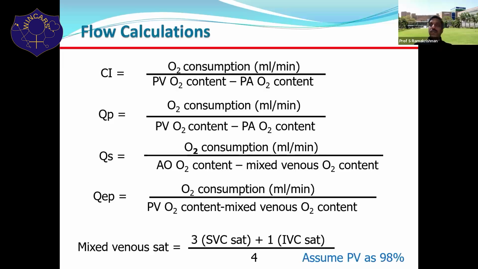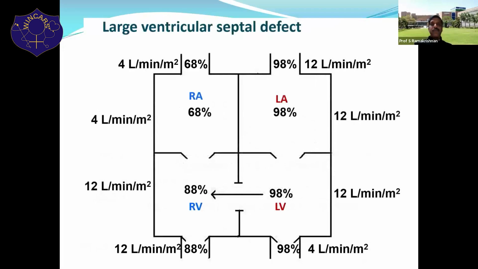Pulmonary vein is what is coming out after oxygenation, and what is going in is the mixed venous. So that's how QEP is calculated. Mixed venous saturation is 3 SVC plus 1 IVC divided by 4, but many people ignore the IVC, and many of us routinely don't do this unless there is a reason to. So mostly the SVC saturation is taken as the mixed venous saturation.